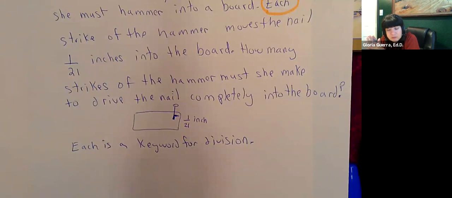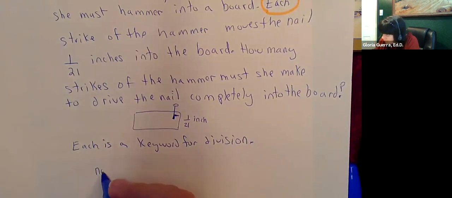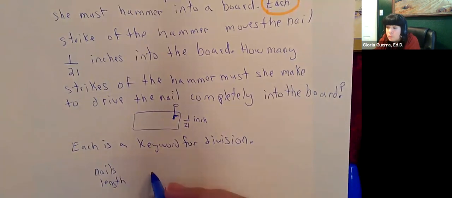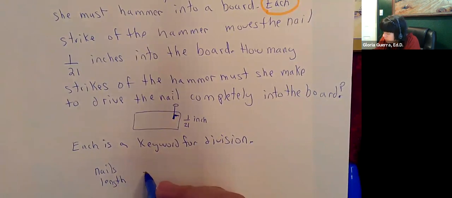And again, if we set this up, the idea of you divide, it's like the larger amount divided by your smaller amount. So you want to take the nail's length and then you want to divide.